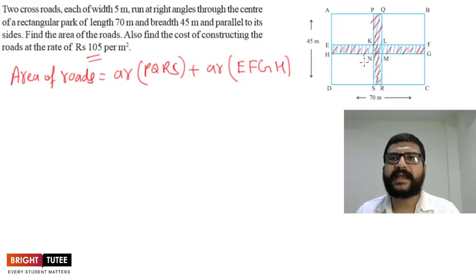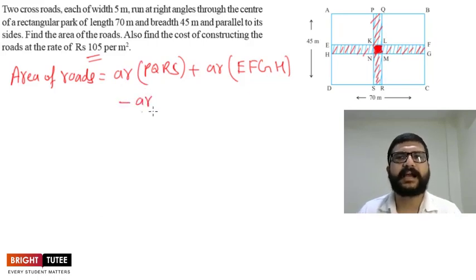Now while adding these two areas, if we observe carefully, this area here, this one, KLMN, this area has been added twice. So what we have to do, we have to subtract it once now. We can't add this area two times. So we will subtract area of KLMN. This is a square.